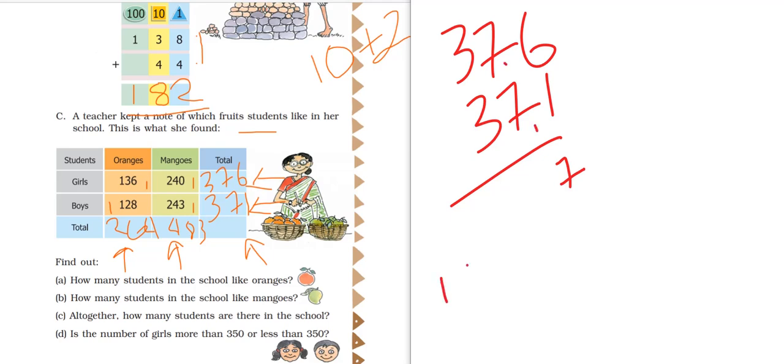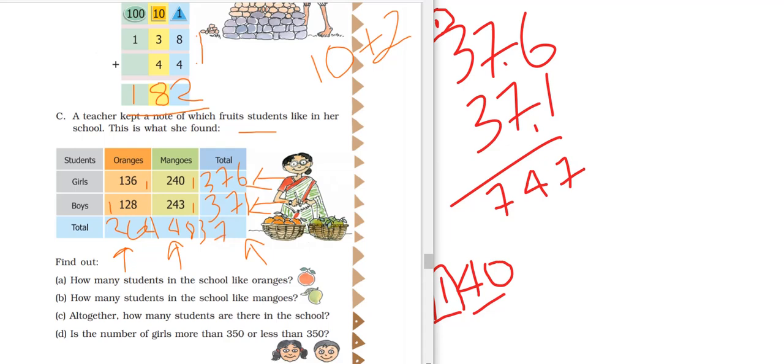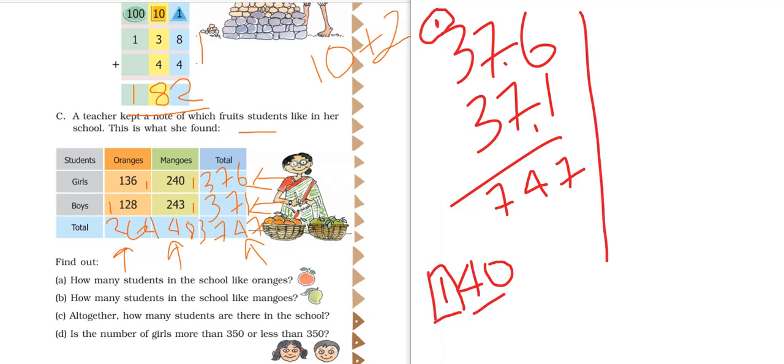That's a total of 14 tens, which is 140. Right? So let's put the 4 tens in the tens column and carry the 100 as a carry forward to the hundreds column. So you get 3 plus 3 plus 1 is 7. 747 students in all.